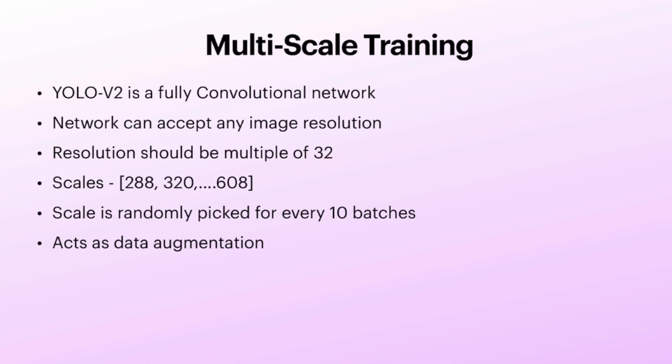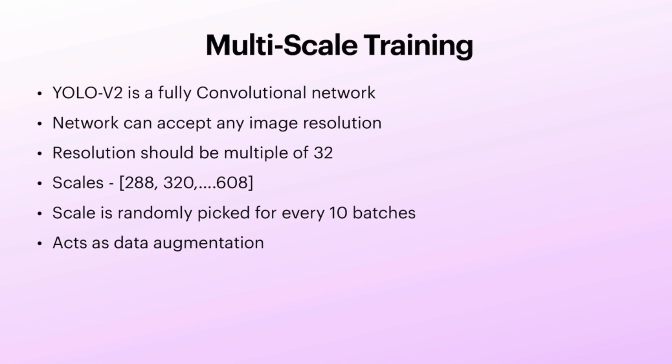So they have experimented with multiple different resolutions starting with 288 by 288 till 608 by 608. For every 10 batches, one of these values is randomly picked. Maybe it can be 320 for the first 10 batches. Later it can pick 608 for the next 10 batches, like this. It will train for 10 batches on one resolution, like that.